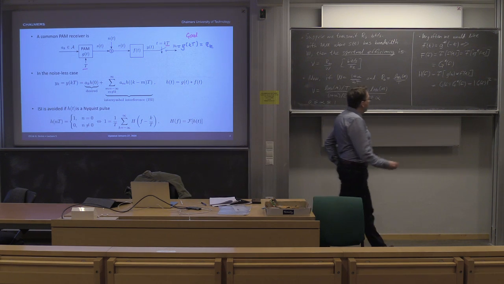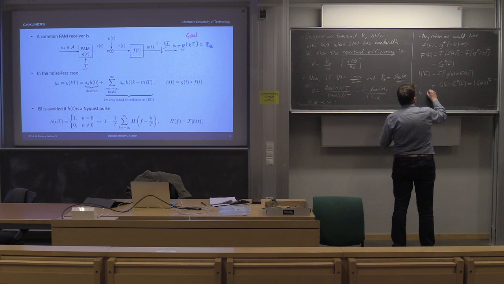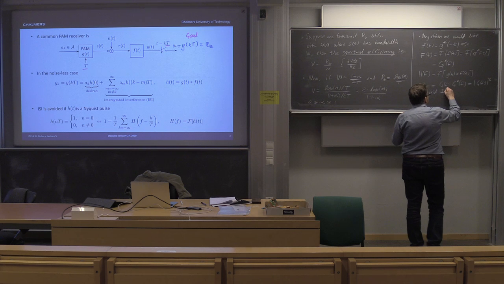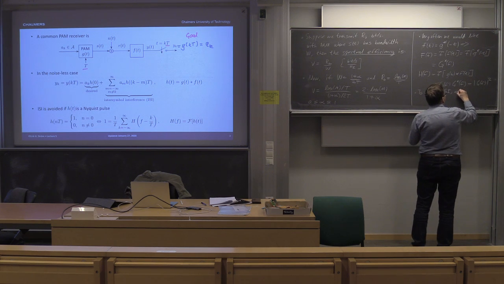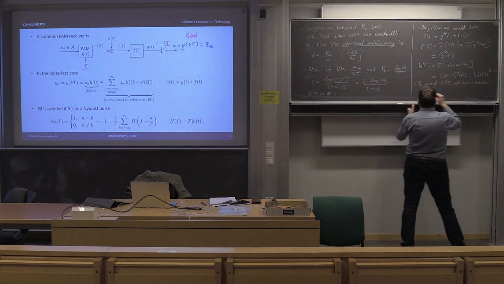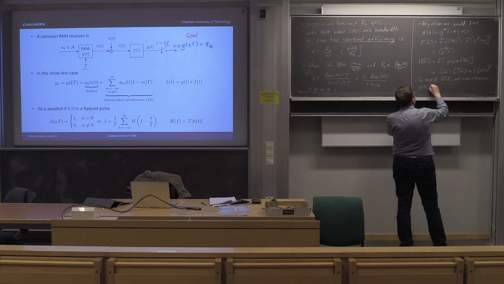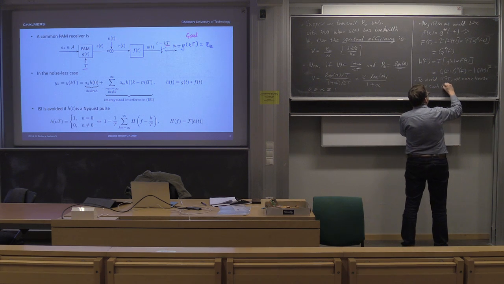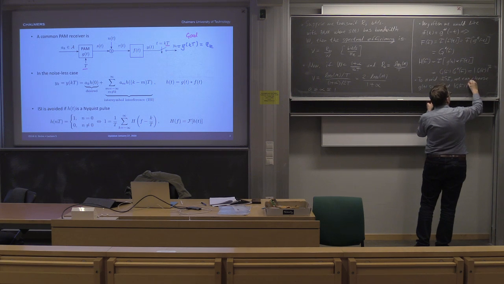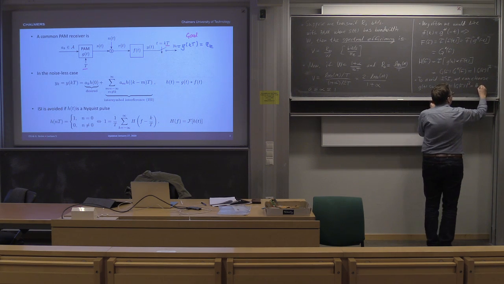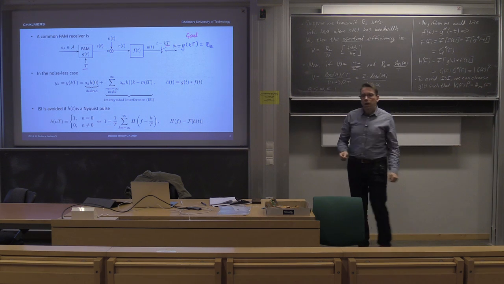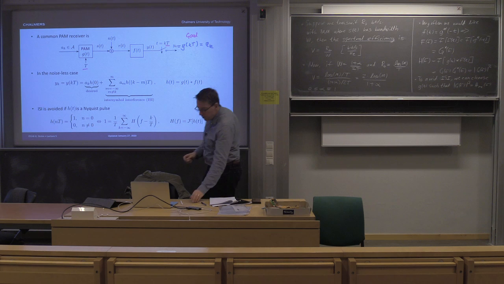To avoid ISI, we can choose g such that G of f magnitude squared is equal to a raised cosine spectrum, H RC of f.